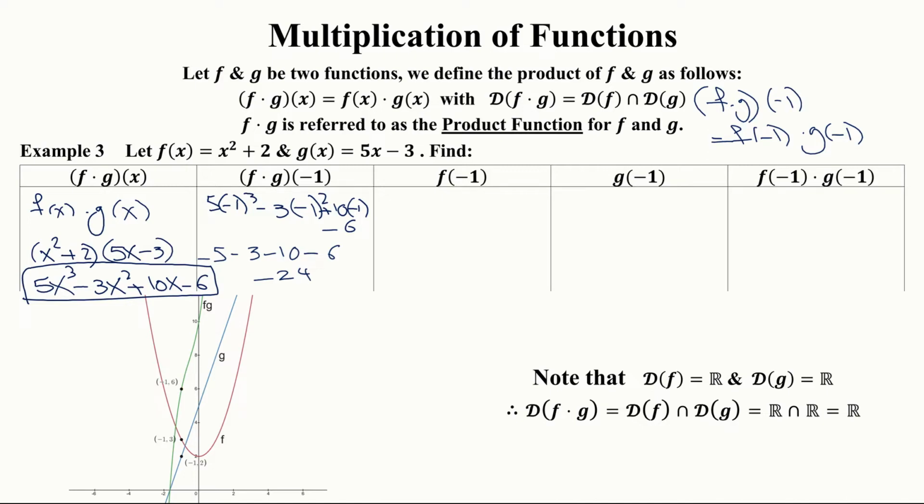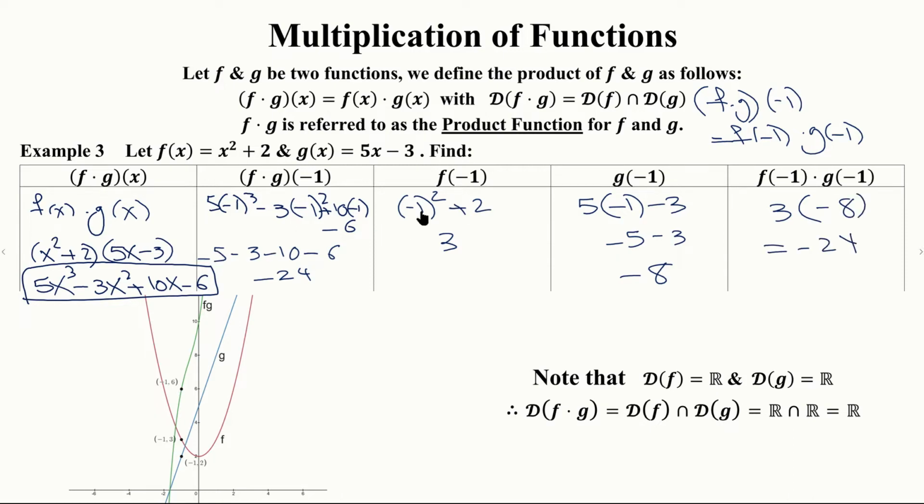So f of -1 is going to be quantity -1 squared plus 2, so that's 1 plus 2, which is 3. G of -1 is going to be 5 times -1 minus 3, so that's -5 minus 3, which is -8. So now we multiply those two, and we end up with -24.